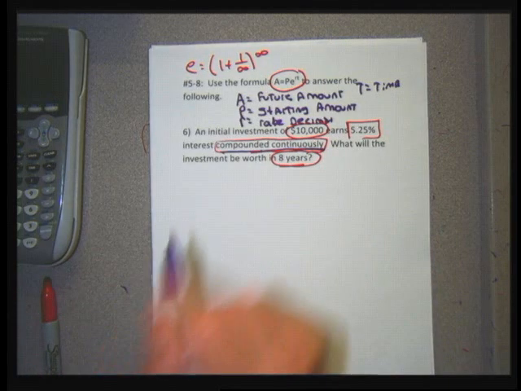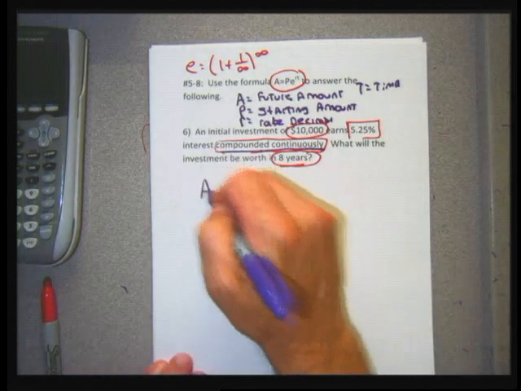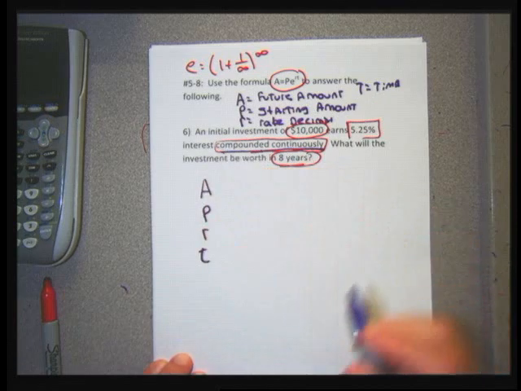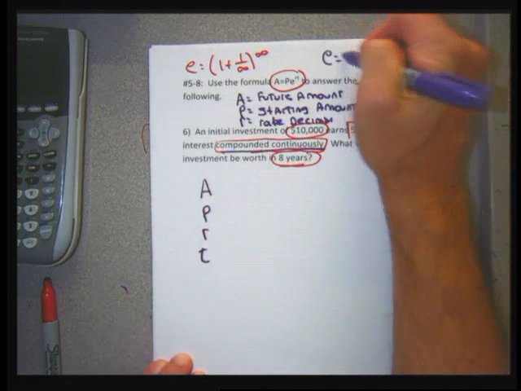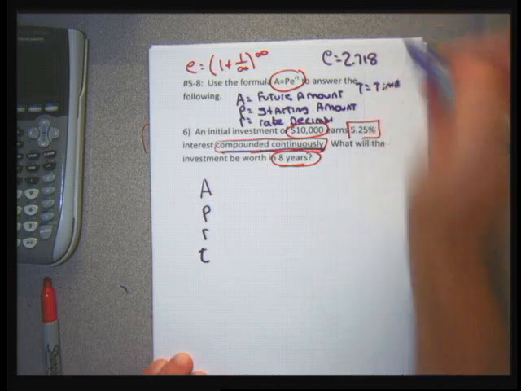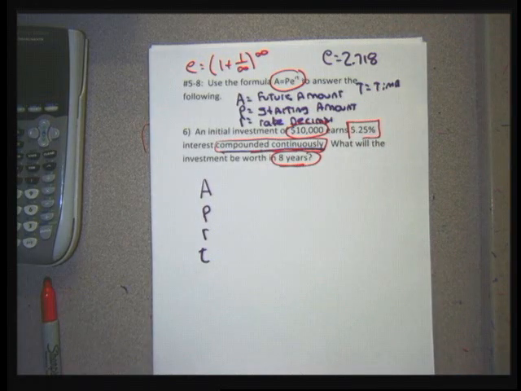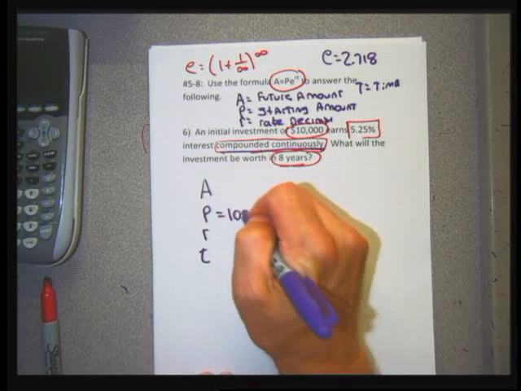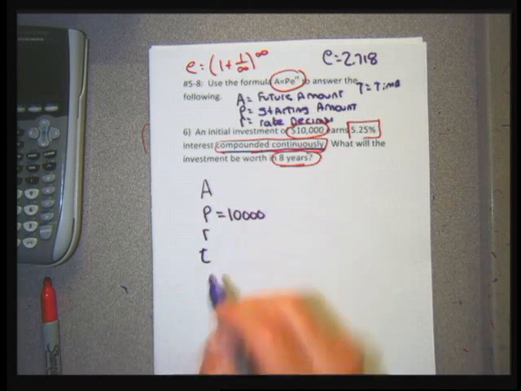So in this formula, I'd like to have values for A, P, R, and T. I know I have a value for E. E is about 2.718, so I don't ever need a value for E. It's already pre-programmed into my calculator. The P is the starting amount, which is $10,000.